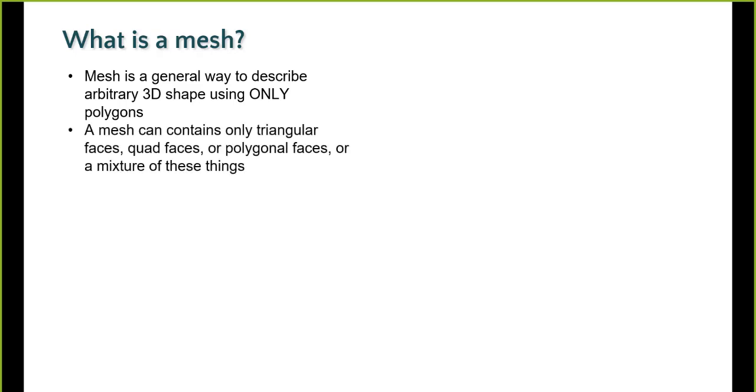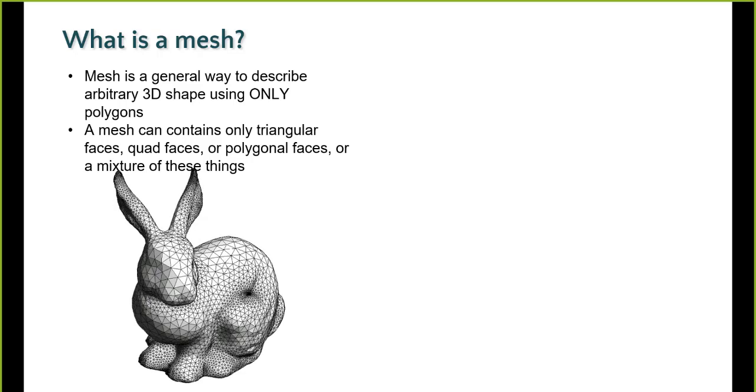Like I said, they're made out of triangular faces, quad faces, polygonal faces, or other mixtures of things, and they can be used to represent fairly detailed geometries. This is the Stanford bunny, a standard, free mesh that was a scanned object that a lot of people use because it's sort of copyright free.